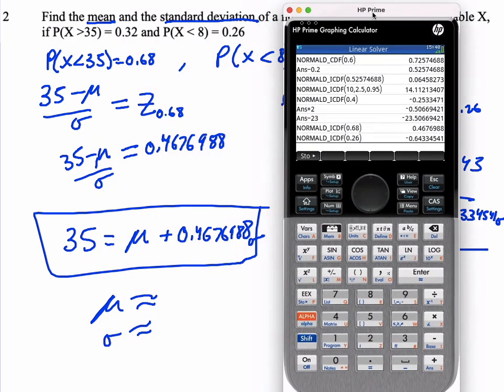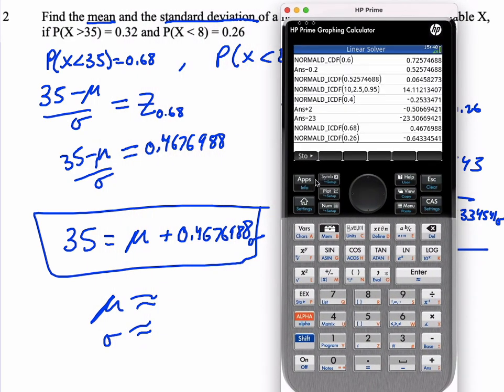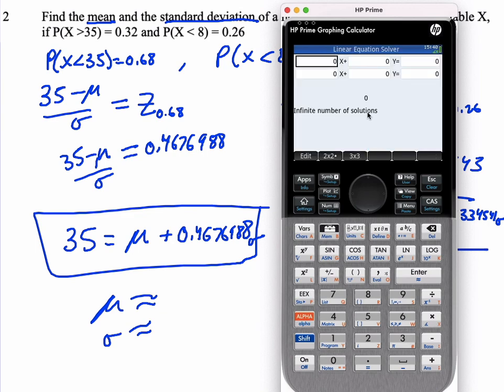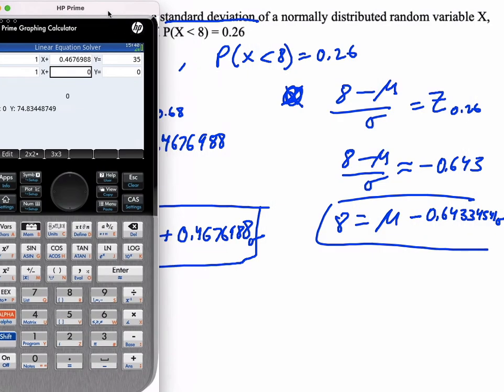Okay, so let's go to apps. Linear solver. Make sure you're on 2 by 2, and x and y will become mu and sigma. So you can just type in a 1 and 0.46769988. And this one's 35. The second one, you always get 1 for your mu's.